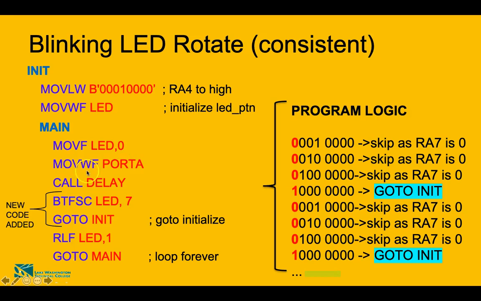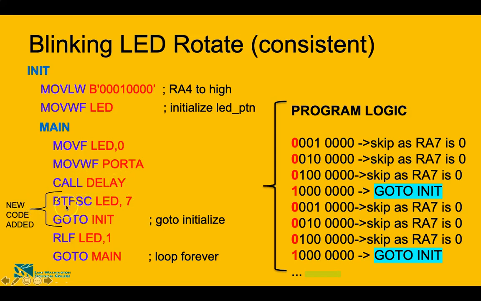And moving the content in the working register into the file register, PORTA, so moving the 8-bit number into PORTA and then calling a delay. So until this point your LED RA4 is turned on, and then a delay is there, and then it's supposed to be turned off.